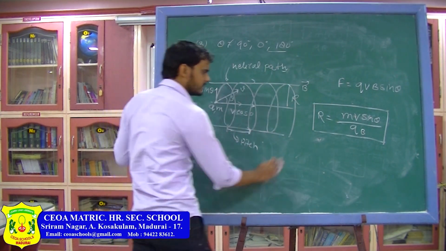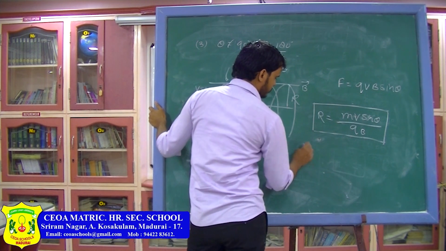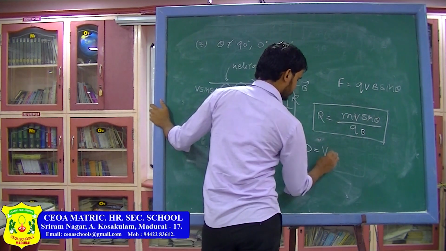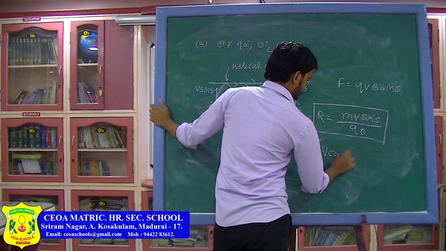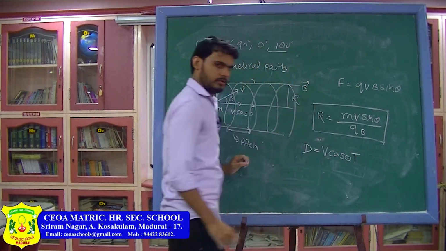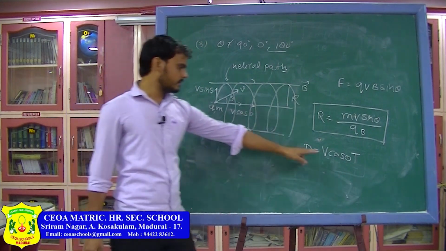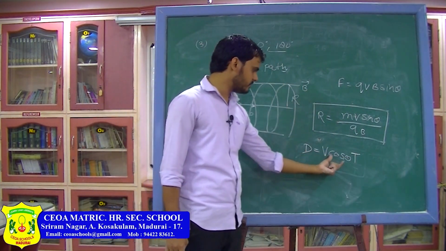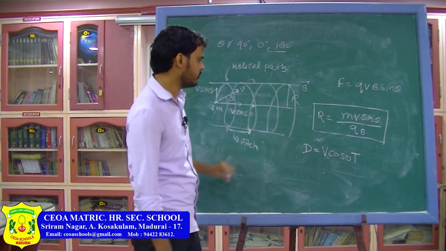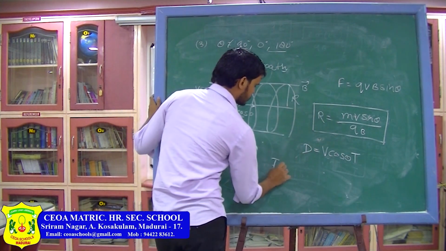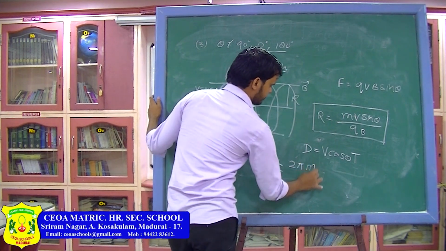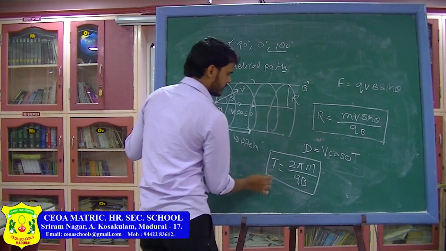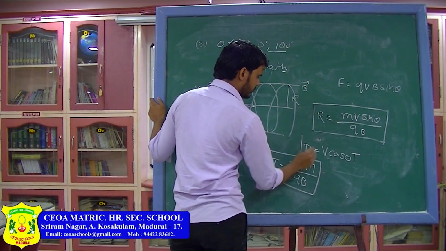So the pitch, which I am going to call capital D, can be written as v cos theta into capital T, because the particle is taking one complete turn to reach this point. The formula for T is 2 pi m divided by qB, and from here you can put the value of T.